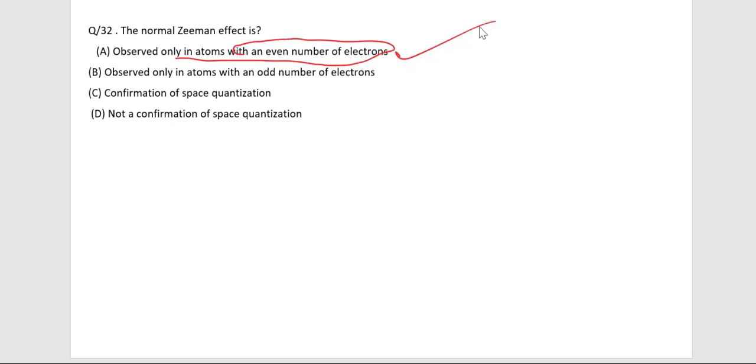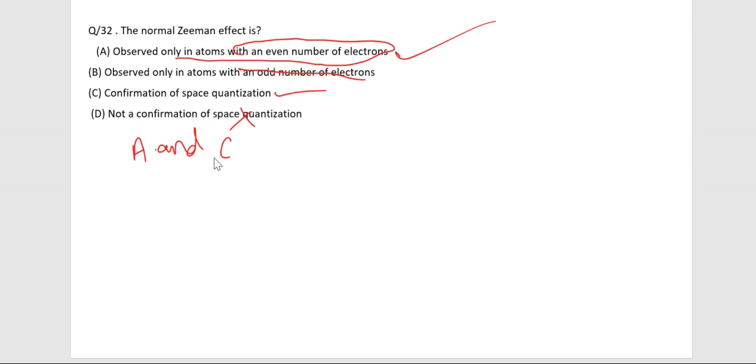This is correct. Observed only in, no, this is wrong. Conform space quantization, this is also correct. This is wrong. So here two options are correct, A also and C also. So both the options are correct.